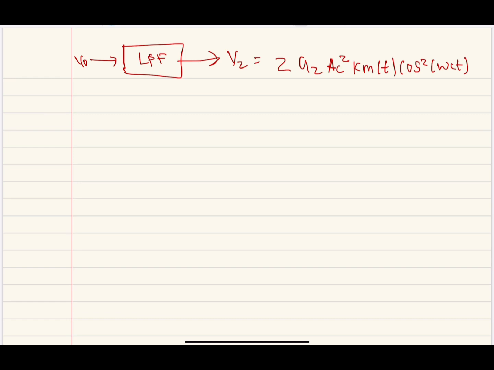Someone may ask, why is it that this one has a carrier frequency inside, which is a higher frequency, but the low pass filter didn't block it? Remember that there's a message signal inside, and if we use a trigonometric identity to simplify it, we will get a constant which will also contain our message signal.